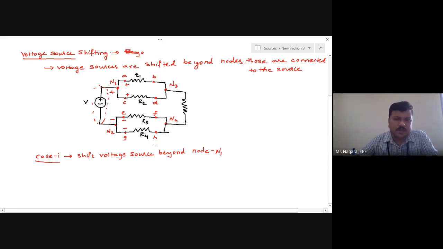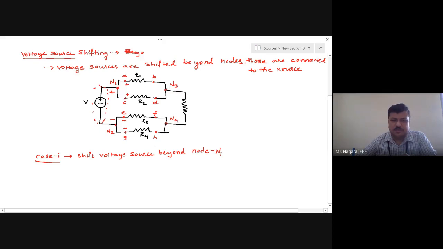So if I have to replace any branch with 0 potential, then I have to short circuit that branch. So when I shift the voltage source beyond a node, then the original branch of the voltage source should be short circuited, because I have to make that voltage source effectively 0 in that branch. To make a voltage source 0 value, I have to short circuit it.